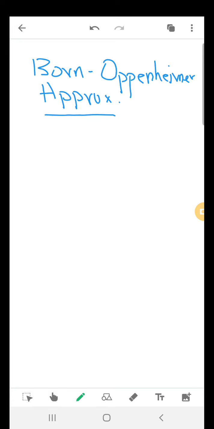So in molecular spectra, it is based upon the following postulates.